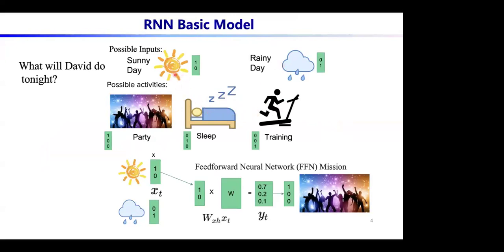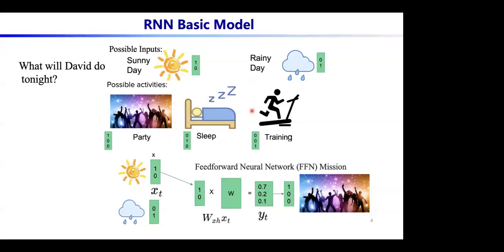If the weather is good, we may have certain activities. If the weather is not so desirable, we may have another activity, or even we just stay home, just sleep, right? But we don't want to be bored by repeating the same activity every day.